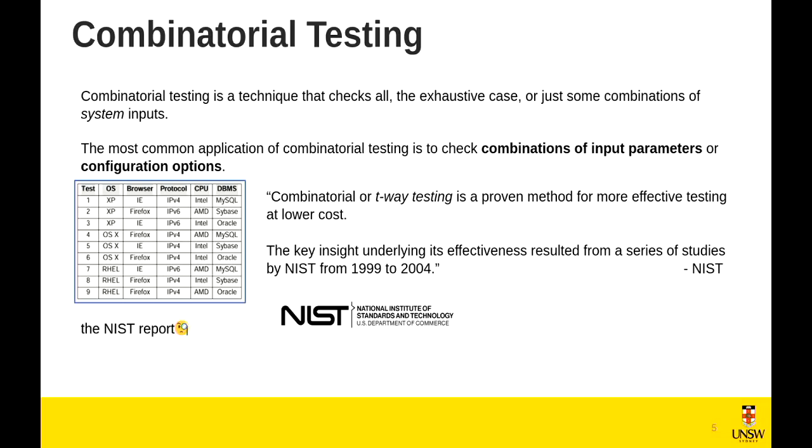They focus on doing this study of combinatorial testing because it is actually a very practical way of designing test cases. In their report they also mention combinatorial testing as T-way testing, and we will learn about why it could also be called T-way testing later.